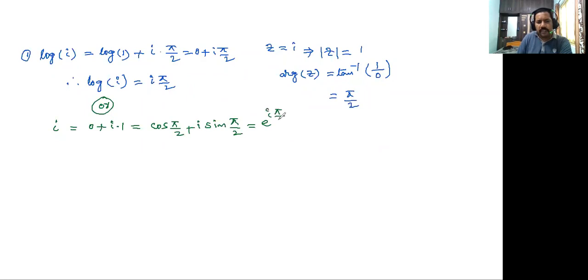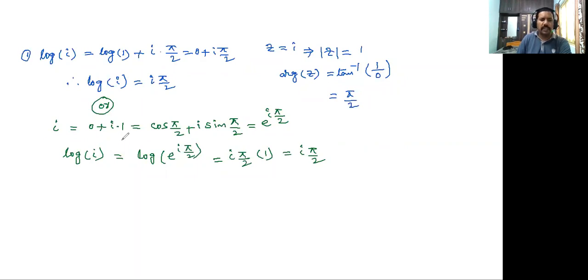Apply logarithm on both sides. What will you get? Logarithm of i is equal to logarithm of e power i pi by 2. Now the power is coming in front of the logarithm, i pi by 2, log e to the base e value. Finally, answer is i pi by 2.